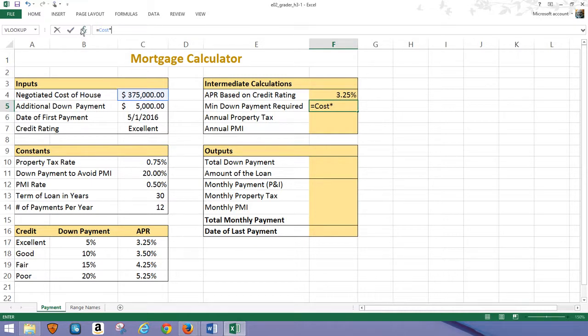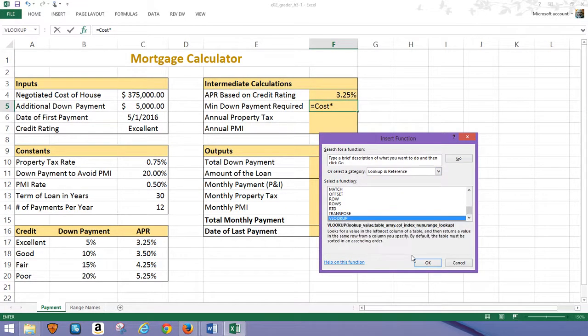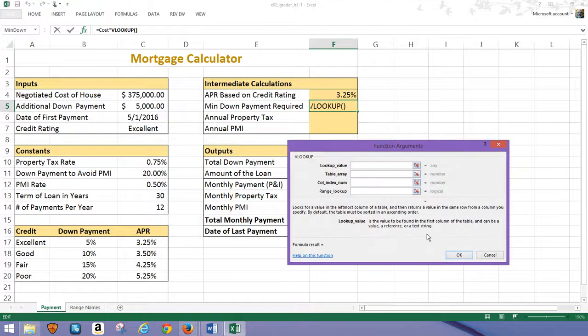So now I have to add a function, and I'm going to again use the VLOOKUP. Now in this case, I am also looking up the same value as I did the last time, the credit rating. I'm looking it up again in table.